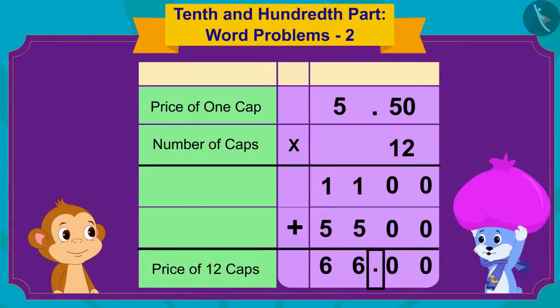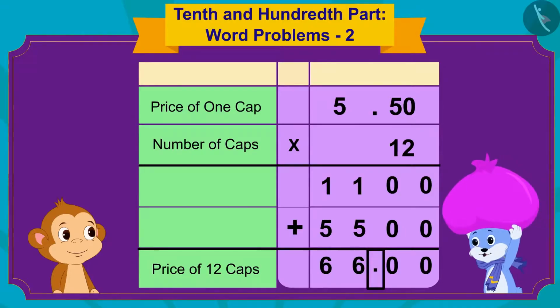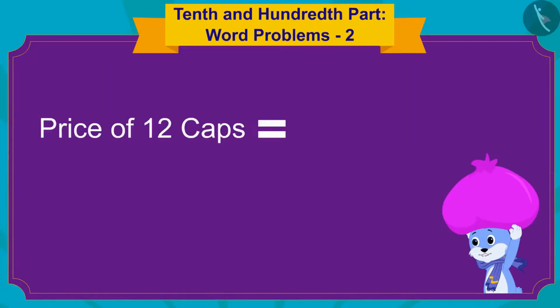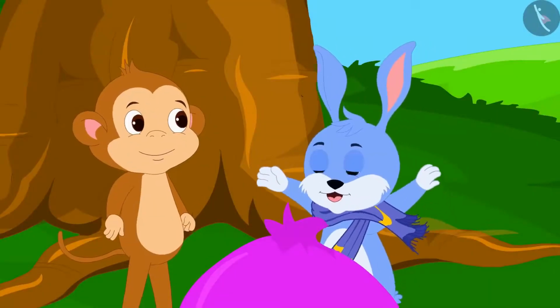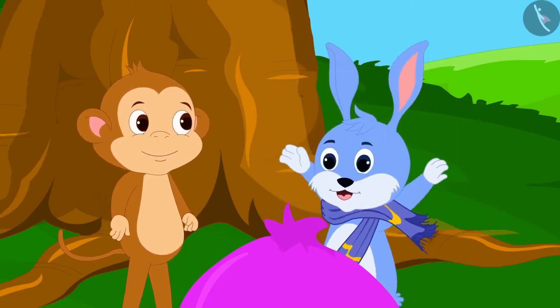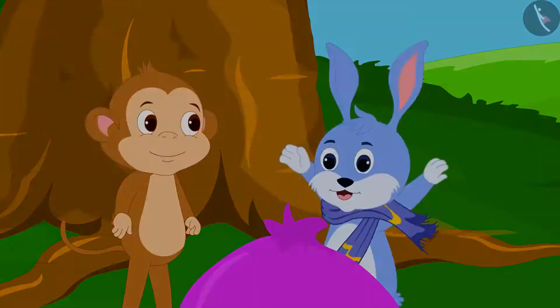If I put the decimal point here, there will be only 2 digits or 2 zeros after the decimal point. Oh wow! I'll earn 66 rupees by selling 12 caps. On saying this, Bunny started dancing happily.